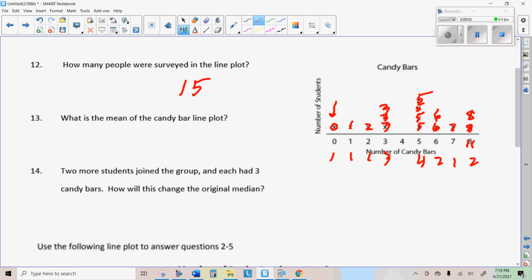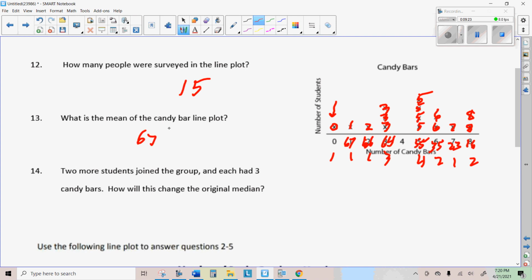Now we have to add those up. There's 16 here, plus 7 there makes 23, plus 12 makes 35, plus 20 makes 55, plus there's 9 here makes 64, 66, 67.